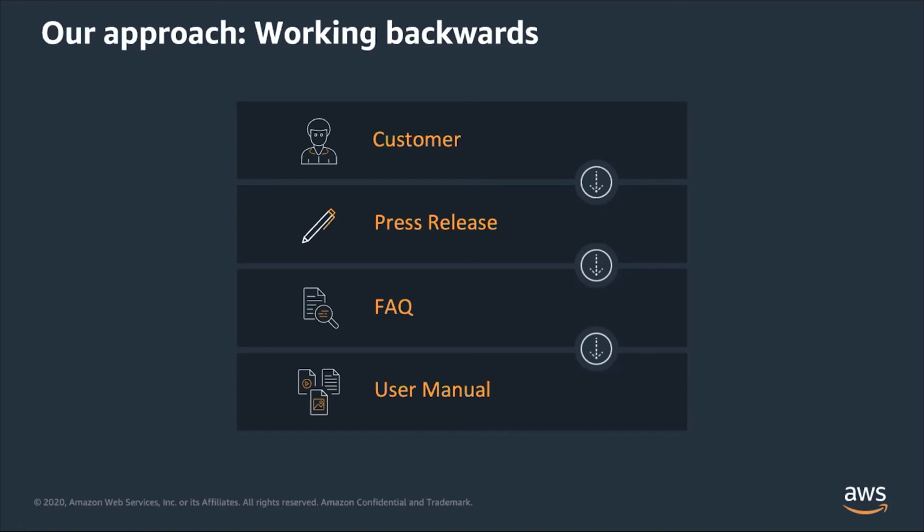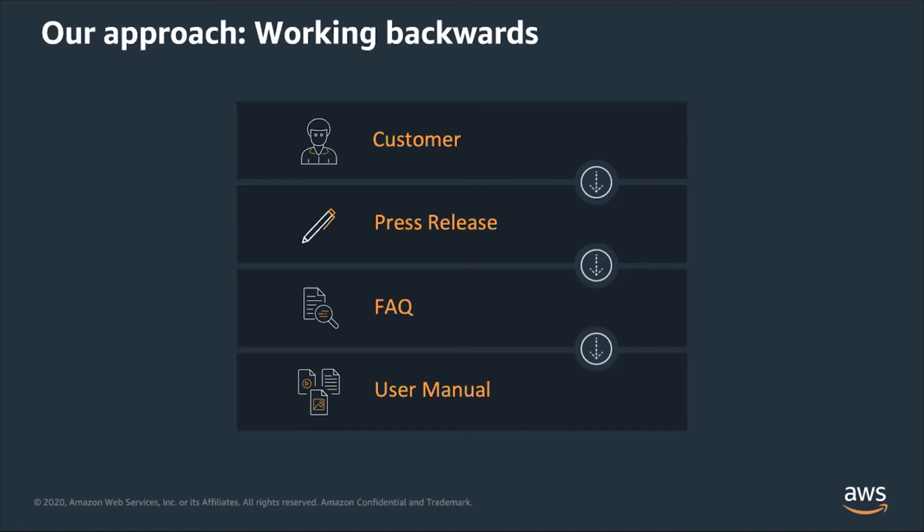And in order to guide us, we take all of that information, and before we start developing the service, we write the press release and ask ourselves, if this is what the press release of this service is going to look like, is this going to get customers excited? Is this going to solve their problem and be the right thing for their needs? And then we iterate on that so that we can be very confident in saying that if this were the press release for this service, yes, it will meet those customer needs.